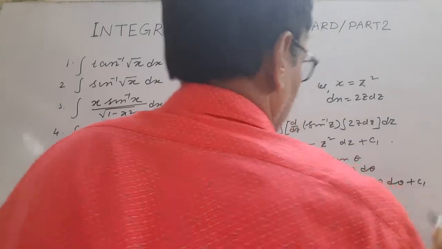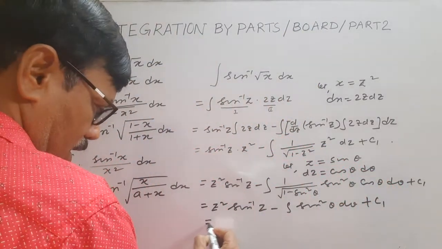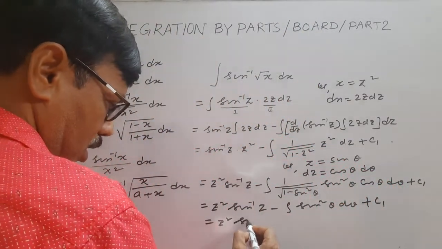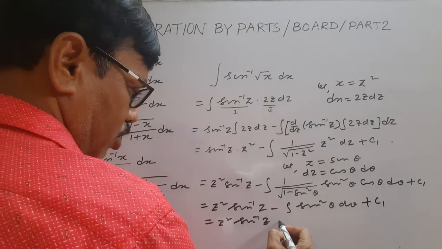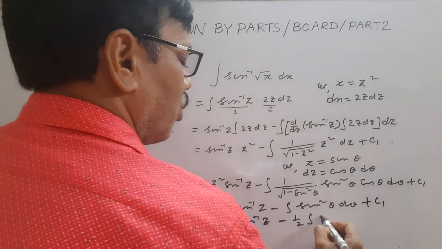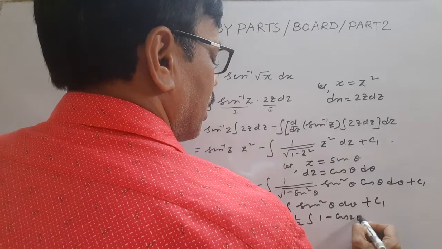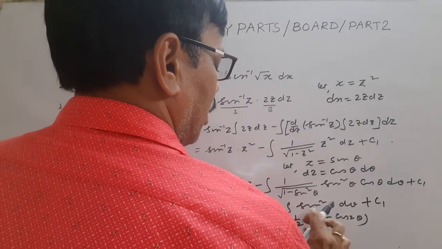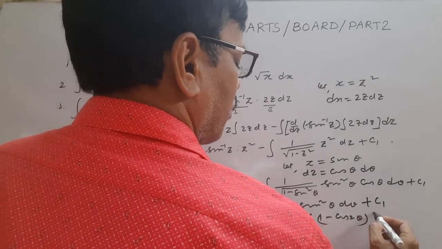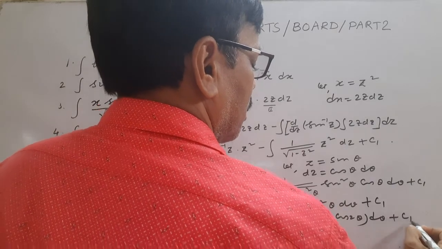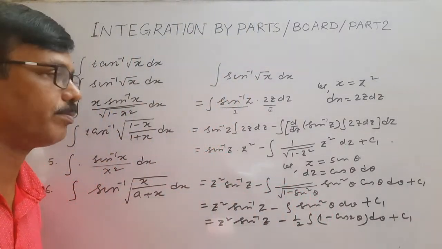Now we have sin square theta, so we have to express it in terms of multiple angle: sin square theta is half of 1 minus cos 2 theta, d theta plus c1.